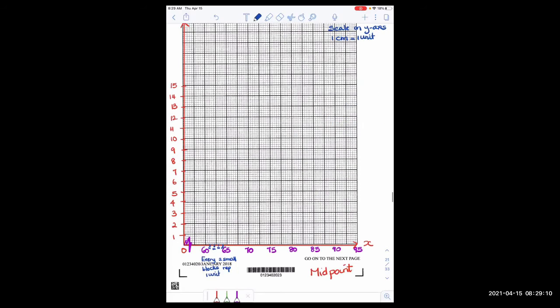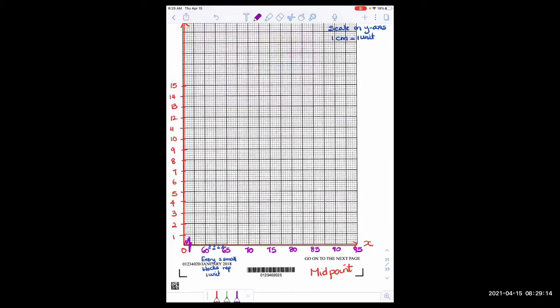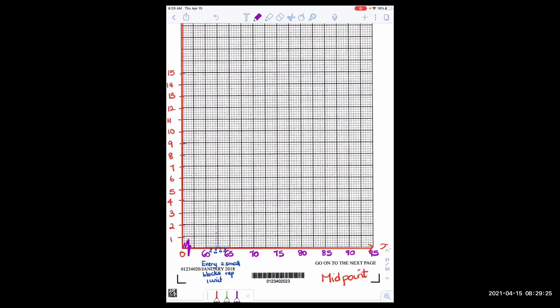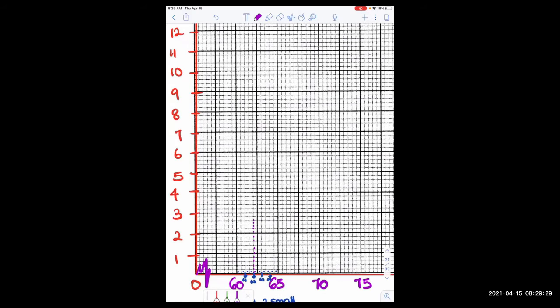So I just told you that every 2 blocks represents 1. So from the number 60, we count 4 blocks. So that will give us 62, and we are going all the way up to the number 8. That is my first pair of coordinates.